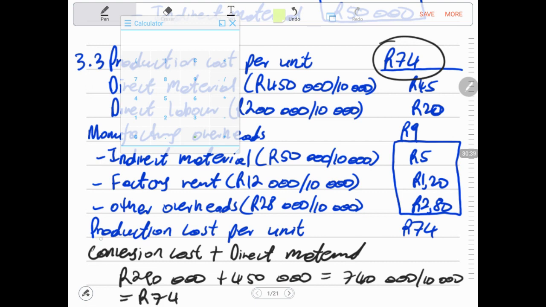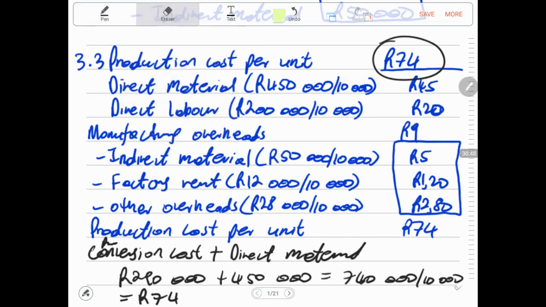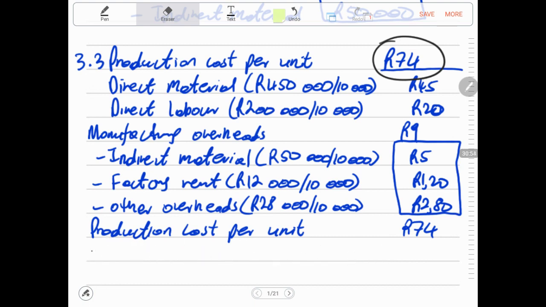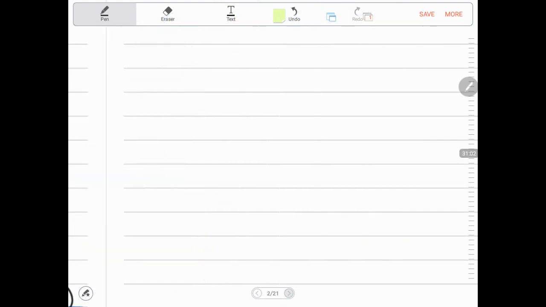Remember, this will be production cost per unit, equal to conversion cost plus direct material, which is our production cost in total. So we could have used that shortcut approach just to go straight to that 74 rand. Now I'm taking the long way because you might be required to do these calculations sometimes in detail.